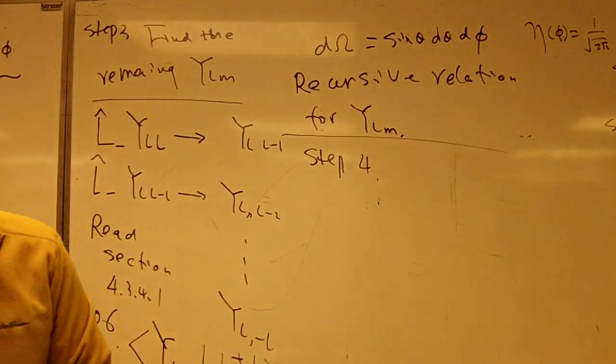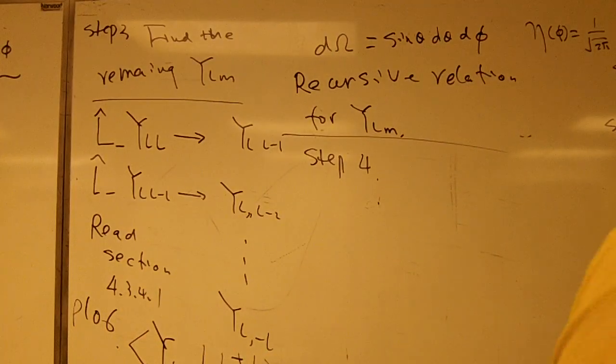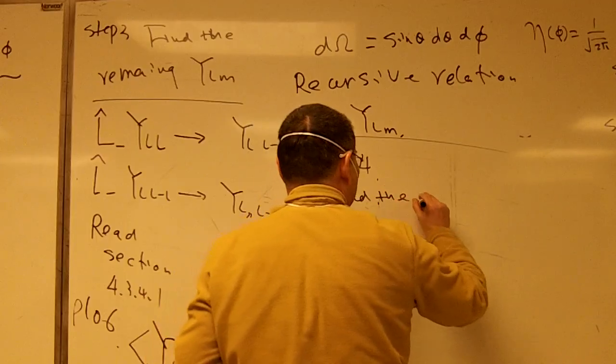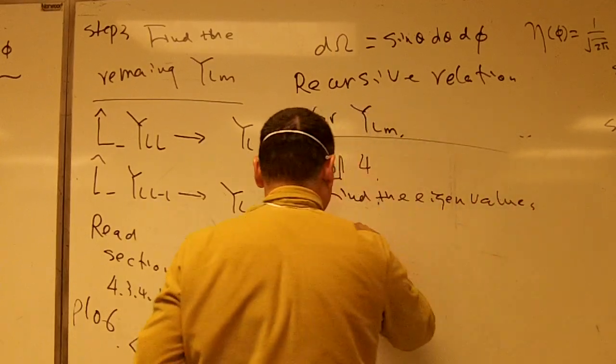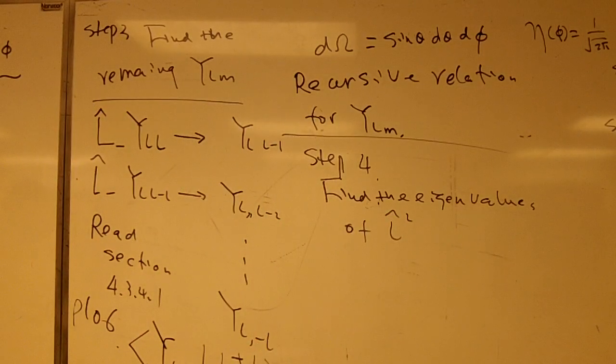The last step is called step number 4. Step number 4 is we find the eigenvalue of L squared. You remember we already used this result, but we're going to prove this.